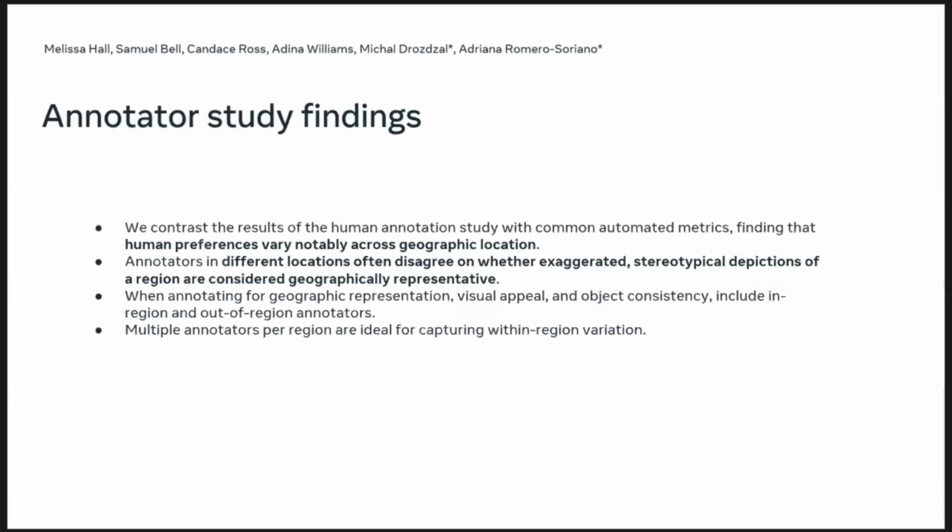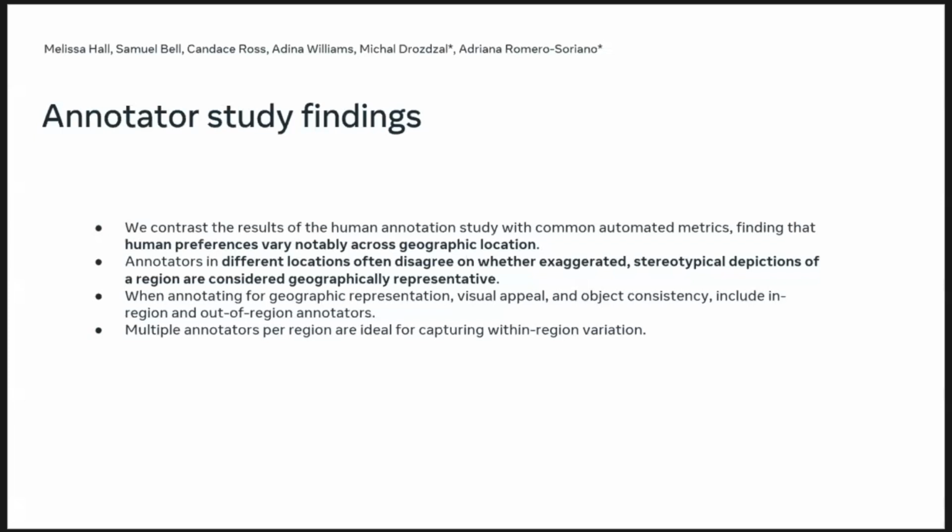So those are some of the findings of this annotator study. We contrast the results of this human annotation study with the common evaluation metrics. I didn't have the time to go into the details here, but for those interested, you can take a look at the paper. We found that human preference varies notably across geographic locations. Notably, annotators based in different locations often disagree on whether exaggerated or stereotypical depictions of a region are considered geographically representative.